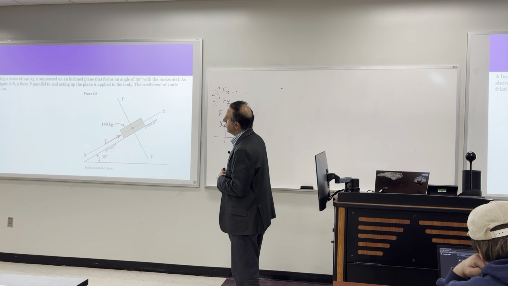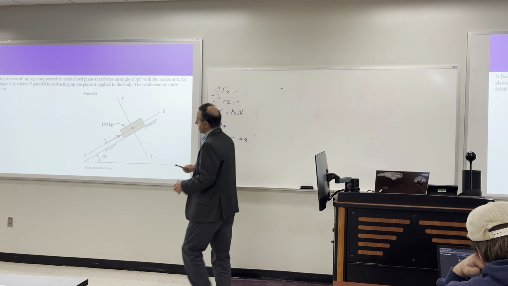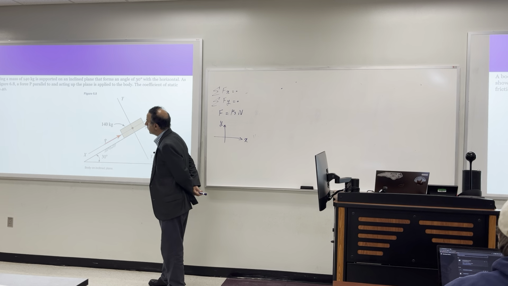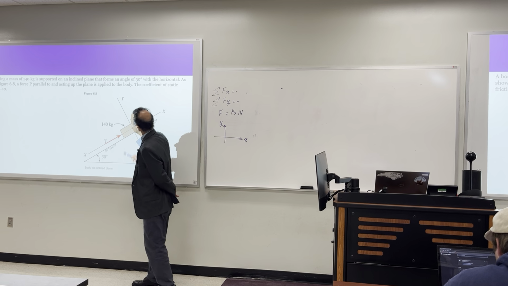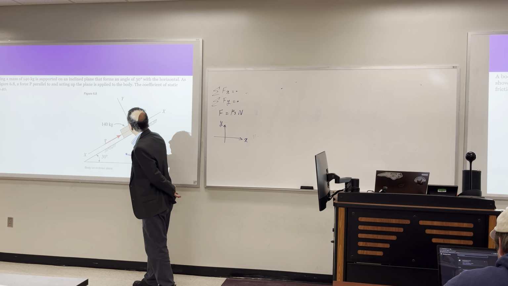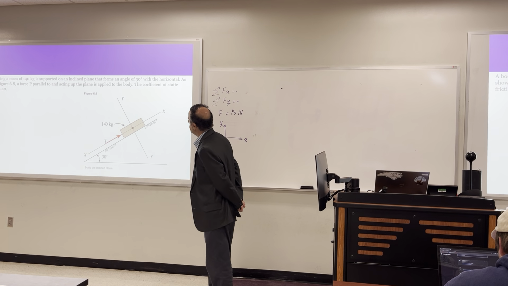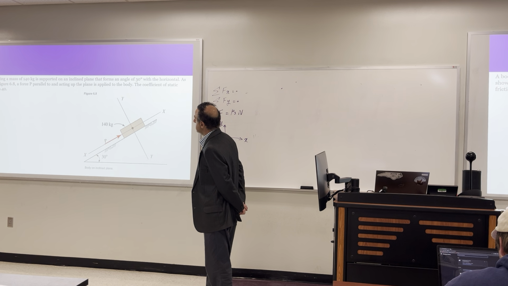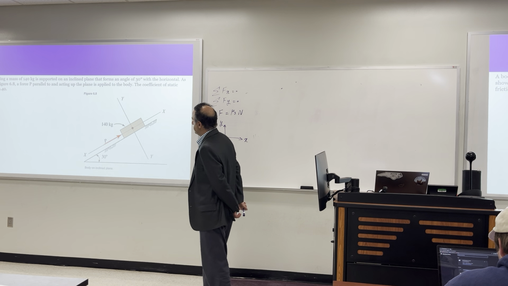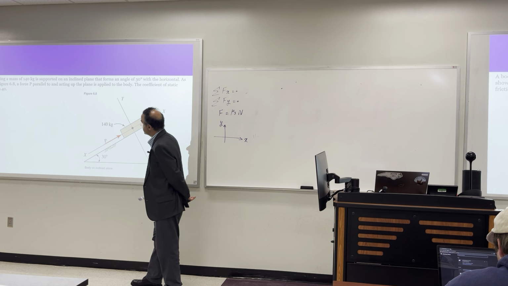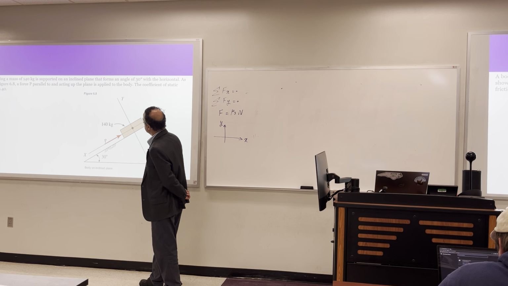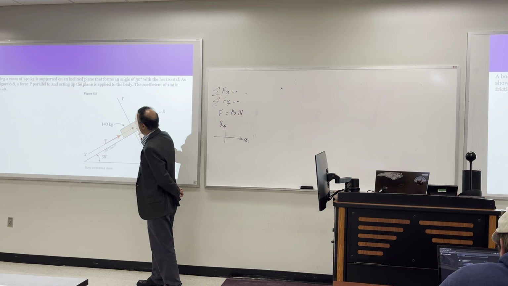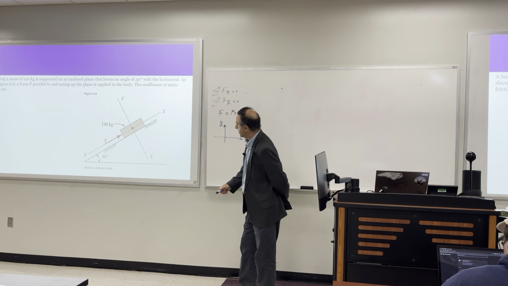So in this problem, it says we have a mass like this one has 140 kilograms, and it was supported by this inclined plane, and has a 30 degree angle. We want to find a P, a pushing force, applying in this direction, right? The coefficient of static friction is 0.4. So what is the question?